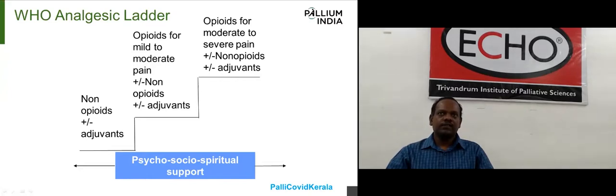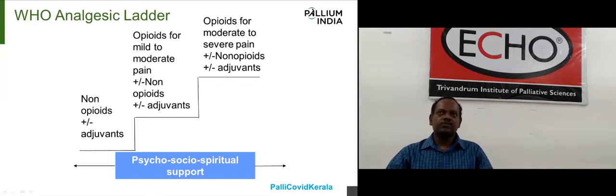Once we find that the patient has pain, we can use the WHO analgesic ladder to treat the pain. The WHO analgesic ladder is a three-step analgesic ladder. The first step is used to treat mild pain, which includes non-opioids plus or minus adjuncts.